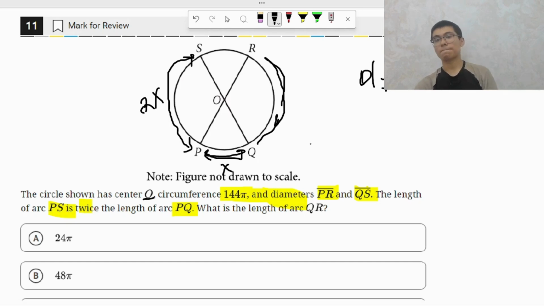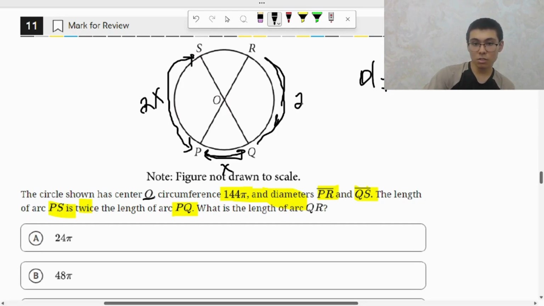So you gotta know the formula of circumference. It is the length of the whole circle. In this case, if the length of arc PS is 2x, the length of arc QR is also going to be 2x, and this one is going to be x.